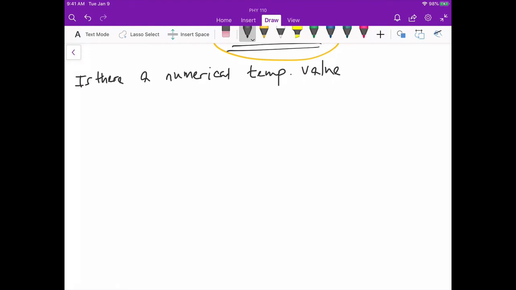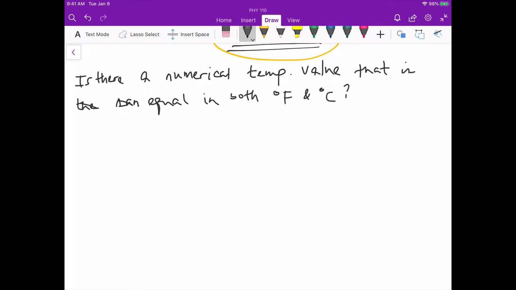Is there a numerical temperature value that is equal in both degrees Fahrenheit and degrees Celsius?